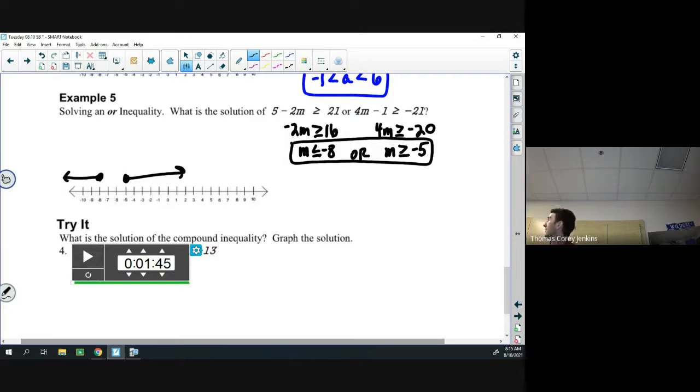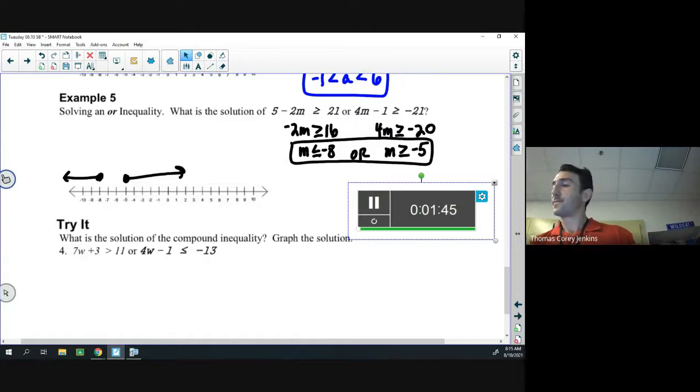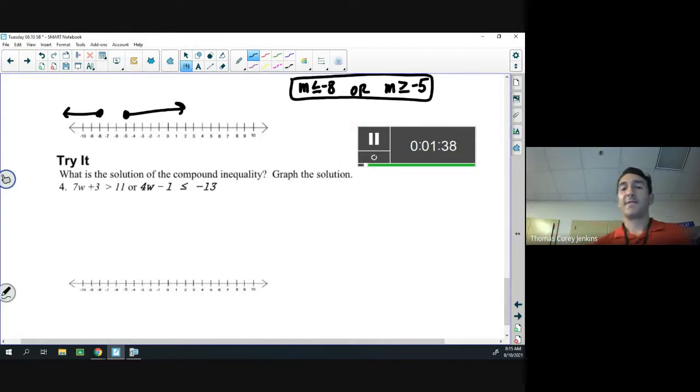Any questions? All right, so you guys try one. That'll finish us up. I'll probably work this one while you guys are working, so you can just check as you finish. We have 7w plus 3 is greater than 11, or 4w minus 1 is less than or equal to -13.